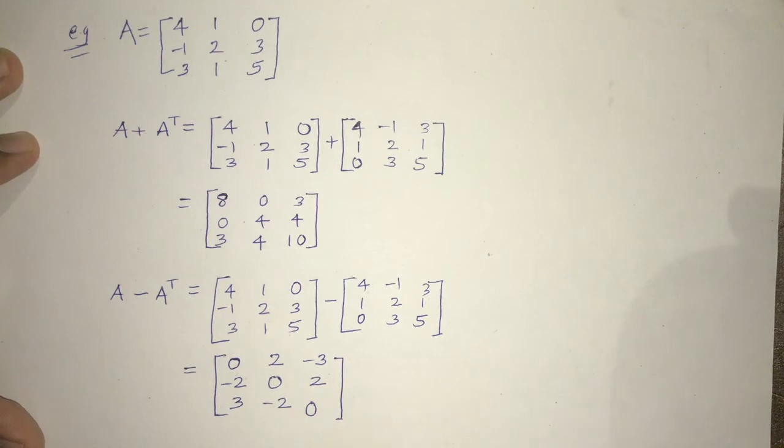We have proved by theory, by the laws of transpose, and now we are seeing it also in the example that A minus A transpose is coming out as skew symmetric.